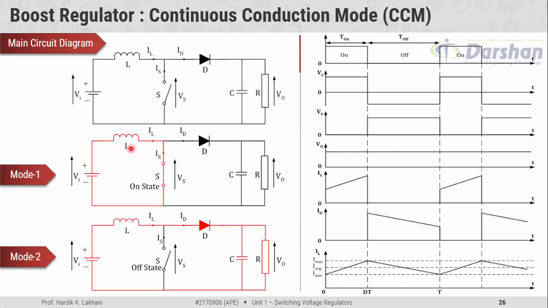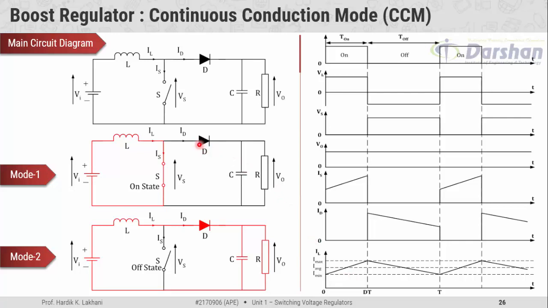Then as the inductor keeps on storing the energy, current flowing through the inductor gradually increases from minimum value towards the maximum value. The same current passes through the switch because they are connected in series, so the behavior of the switch current is exactly same as the inductor current during mode 1.